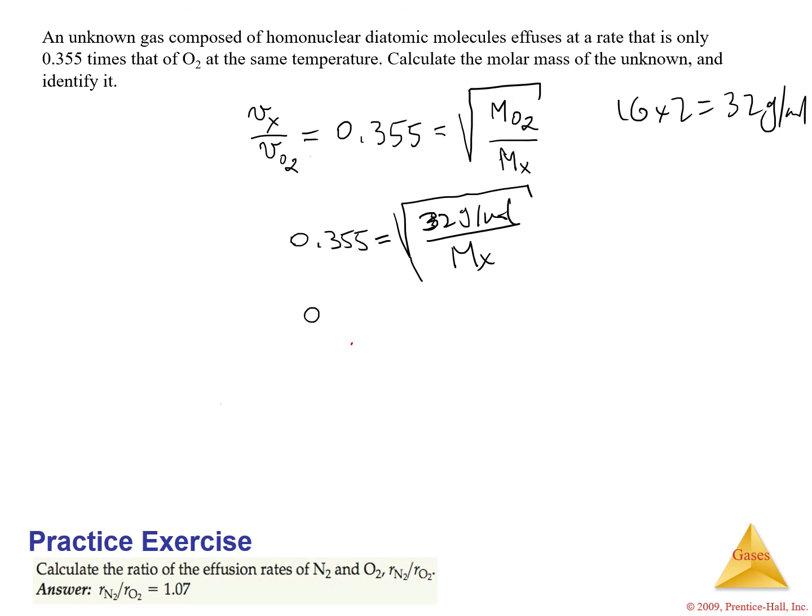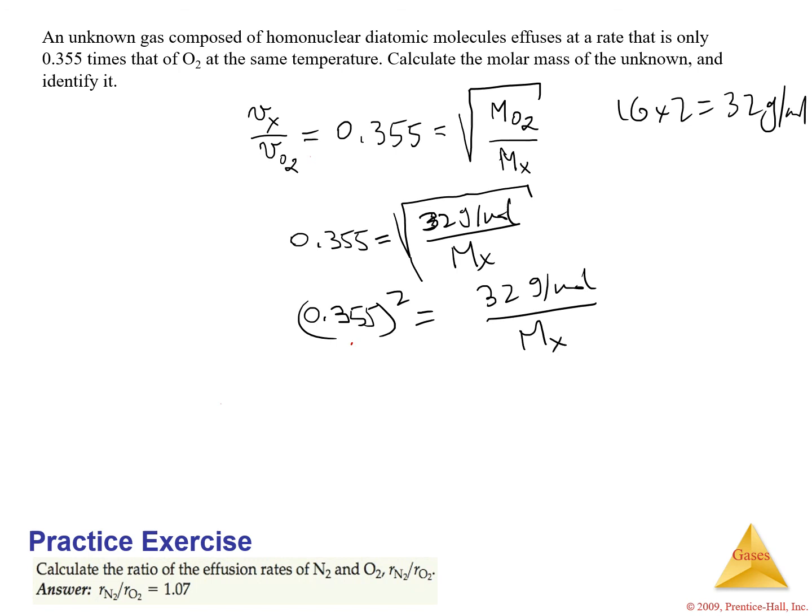So another way we can say it is that 0.355 squared must be equal to 32 grams per mole divided by M of X.